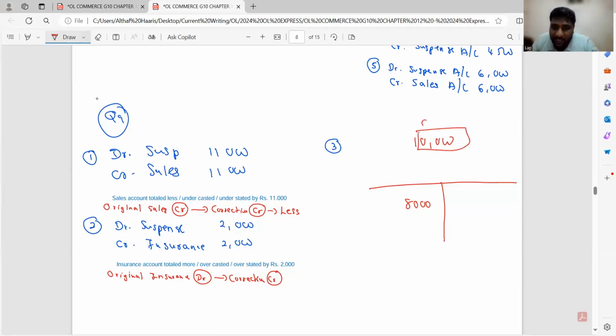Correct value is 10,000. You have written it as 8,000. Missing is 2,000. Does that 2,000 go to the debit side or the credit side? Tell me, children.